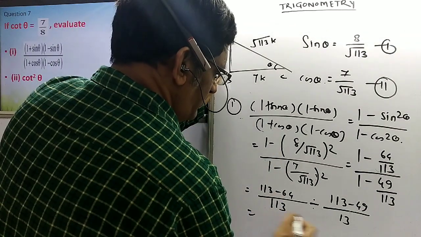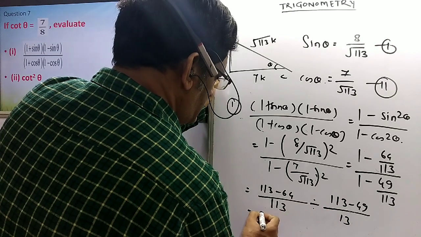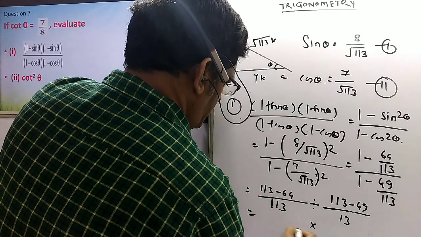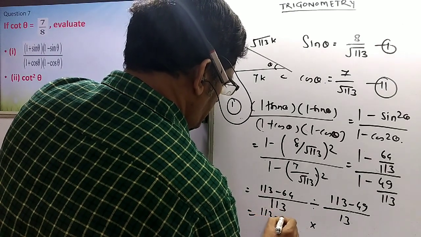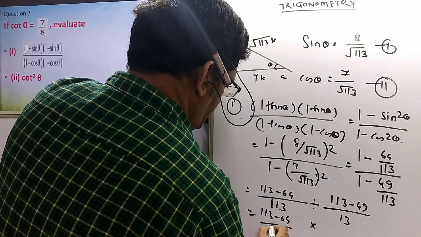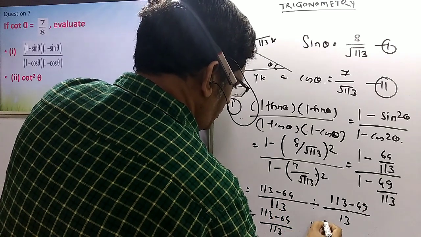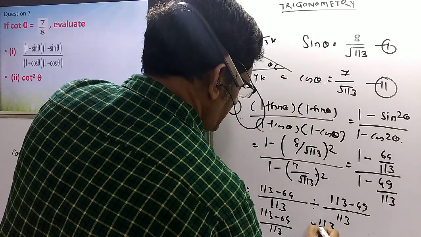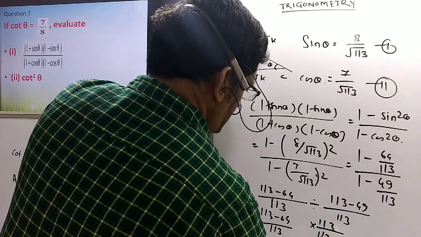Now if we replace this division sign by multiplication sign, it becomes 113 minus 64 divided by 113 into 113 divided by 113 minus 49.